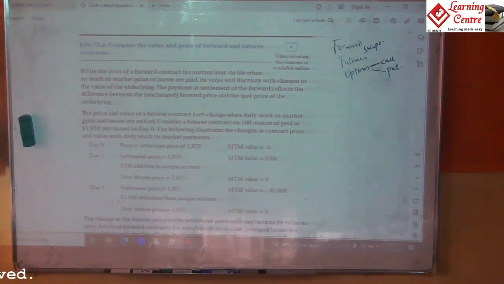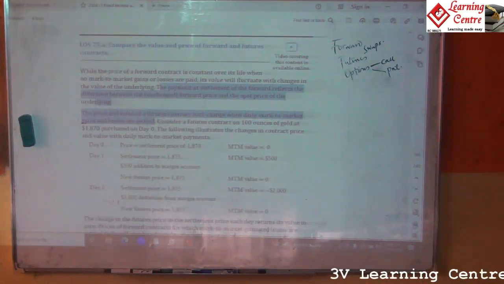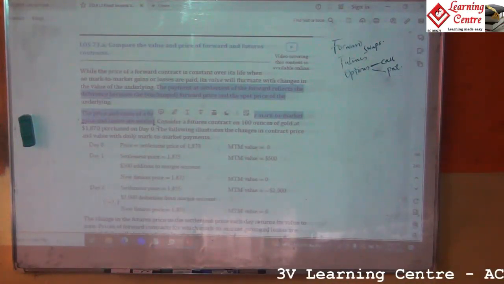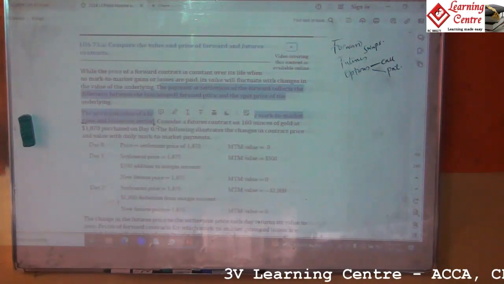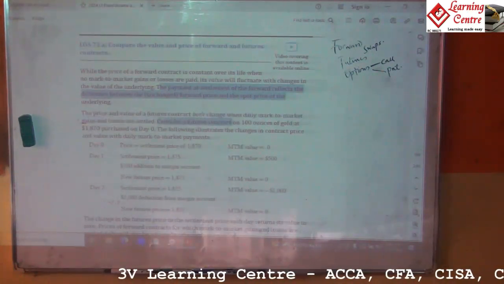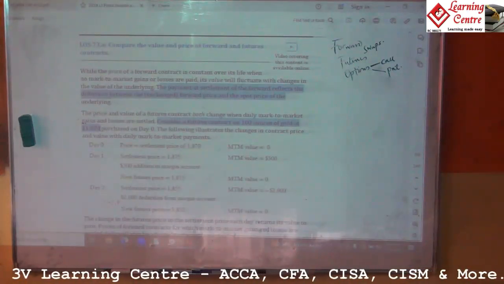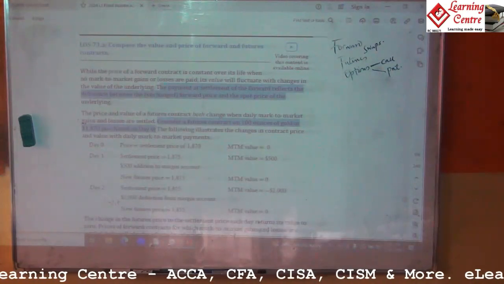But for a futures contract, the price and the value both change when daily mark-to-market gains are settled. So the price and the value are changing together. Consider a futures contract of 100 ounces of gold at 1,870, purchased on day 0.